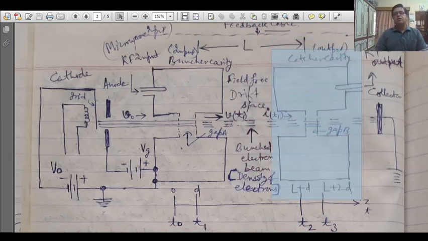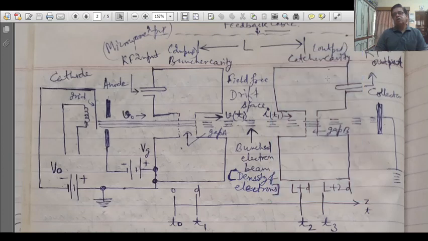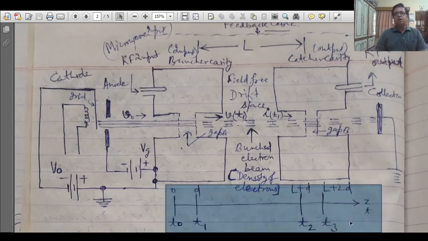This is the output cavity or catcher cavity, which provides the output microwave or RF, and this is the collector which collects the electrons.